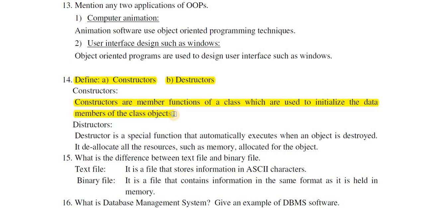Another definition is: constructor is a special member function of a class having the same name as the class name, and it is called automatically when an object is created. Then what is destructor? Destructor is a special member function that automatically executes when an object is destroyed.